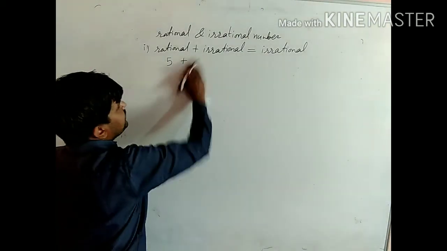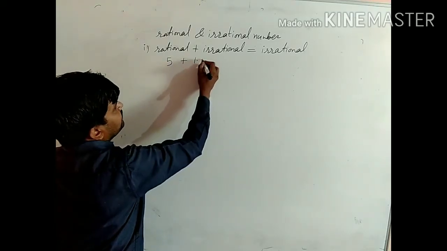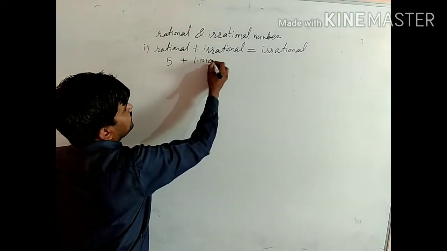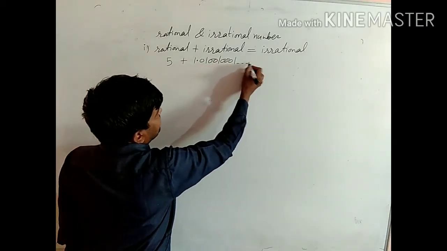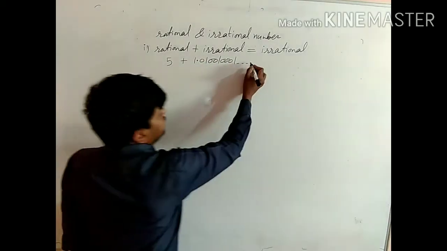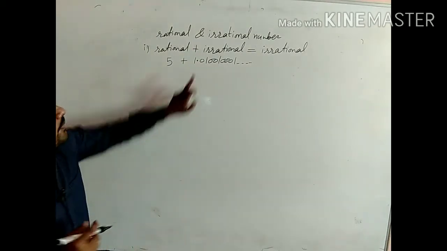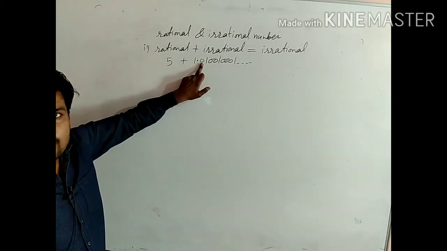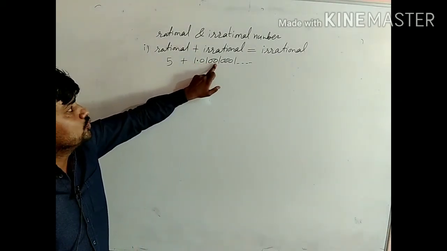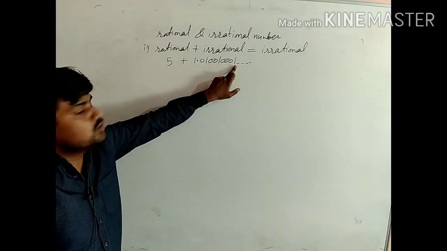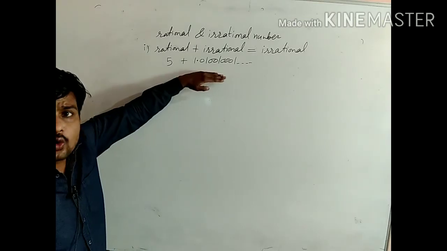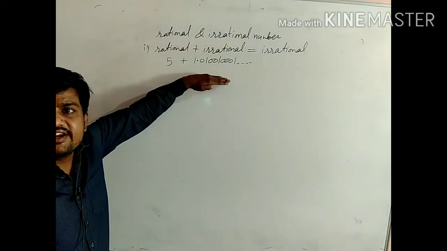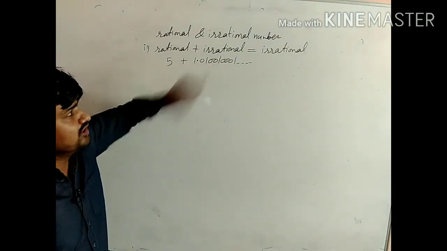Or suppose we add 1.010010001 and so on, where the number of zeros keeps increasing. It is a non-terminating, non-recurring number, which means it is irrational.